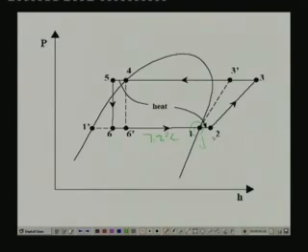State point 2 is the exit condition of the liquid suction heat exchanger, and it has a temperature of 37.88 as we have just computed. Process 2 to 3 is the compression process, and here we are assuming the compression process to be isentropic. That means S2 is equal to S3. So, 2 to 3 is the isentropic compression process, and 3 to 4 is the heat rejection in the condenser.